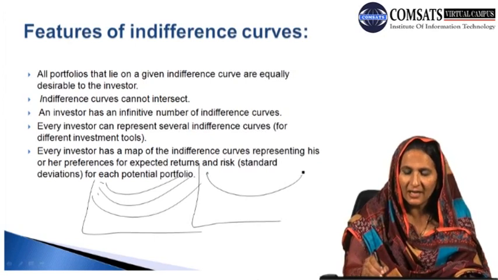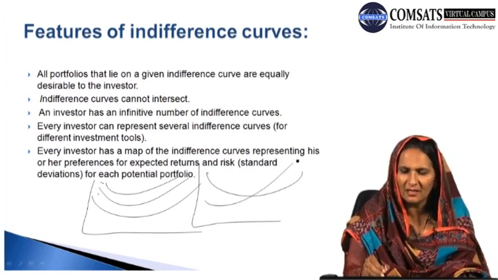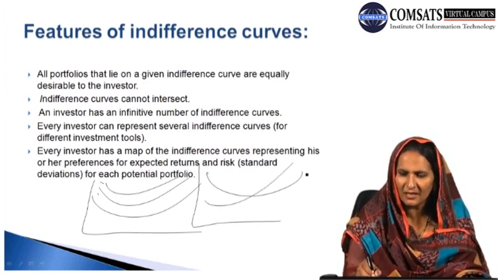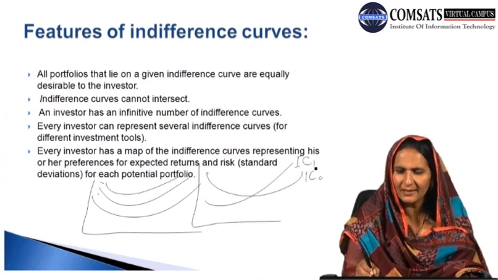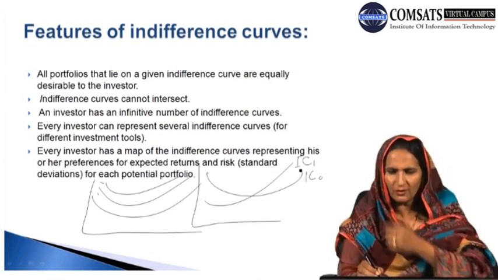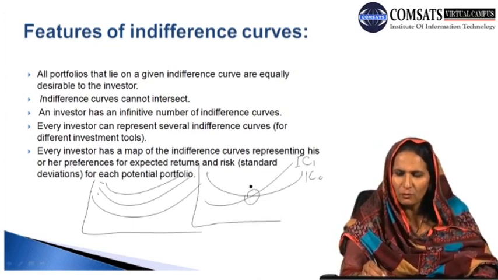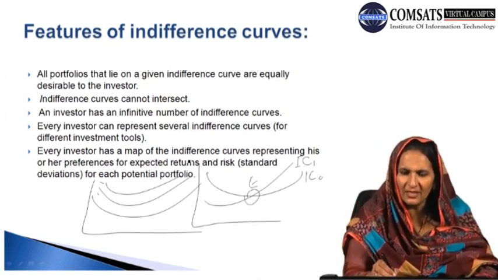In other words, they cannot be like this. For example, indifference curve IC0 intersecting another indifference curve IC1 is not possible, and we do not have this type of combination between risk and return.